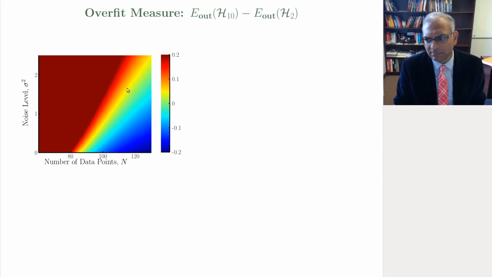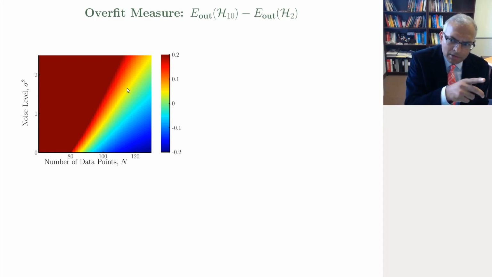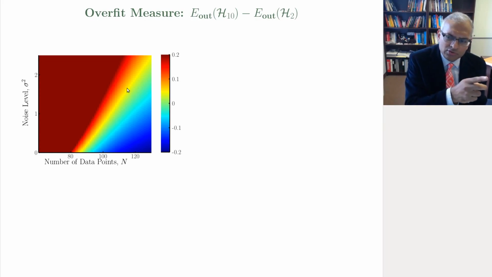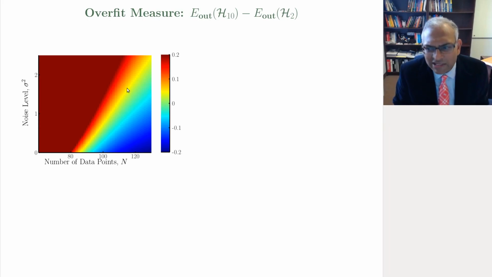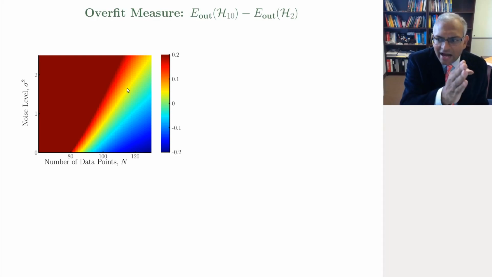It's a very important image, which says that get ready to switch over from the more complex model to the simpler model when your number of data points goes down, or the amount of noise in your data goes up, and you get the same picture no matter what the complexity of the target function. So even if the target function has 10th order polynomial complexity, you still will switch over to the second order polynomial for a small number of data points and a high enough noise.